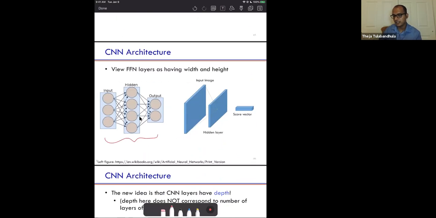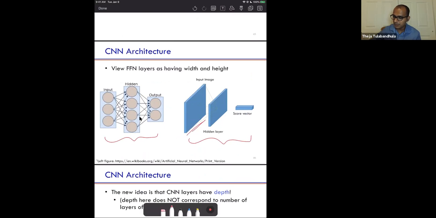So this was the feedforward neural network architecture, and we can rearrange it. Remember our input image was, let's say, an image without the depth aspect. The image is going to have a width and a height, right? So the input we can still represent as some sort of a square or a rectangle.